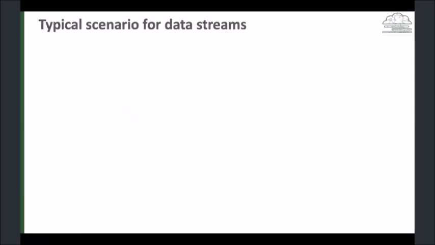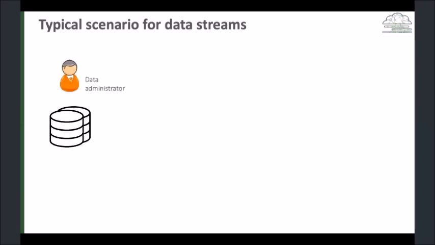In this scenario, using the terms that we use inside the DITAS project, we assume that we have a data administrator. This is the person in charge of managing the data in the manufacturing plant. This is not a physical actor; it is a role that we have in our organization. He is in charge of the data collection.